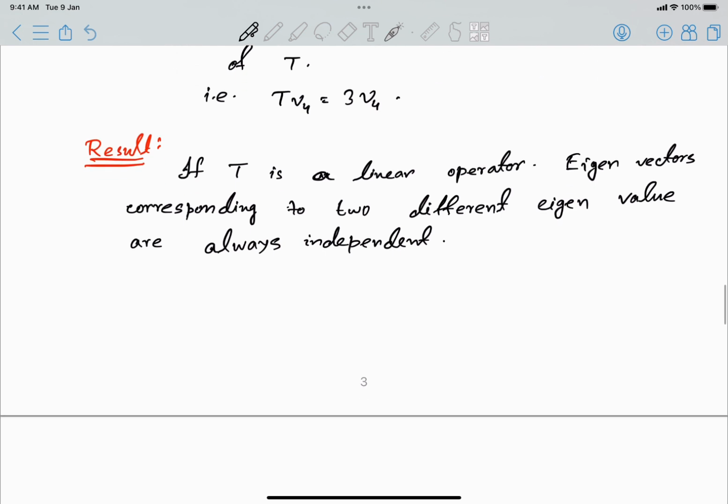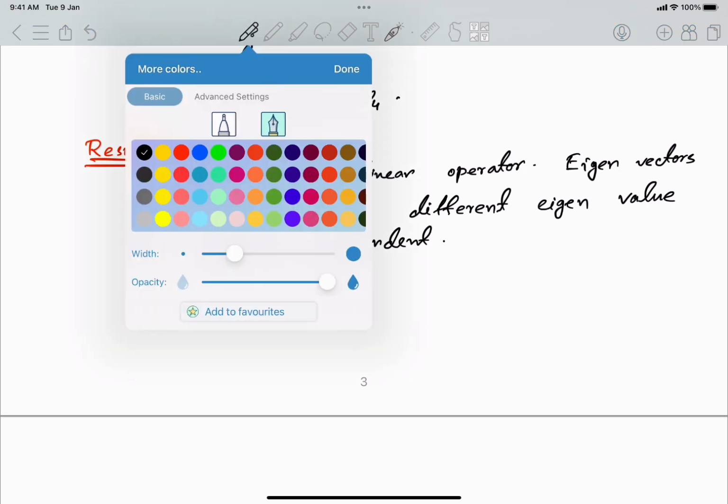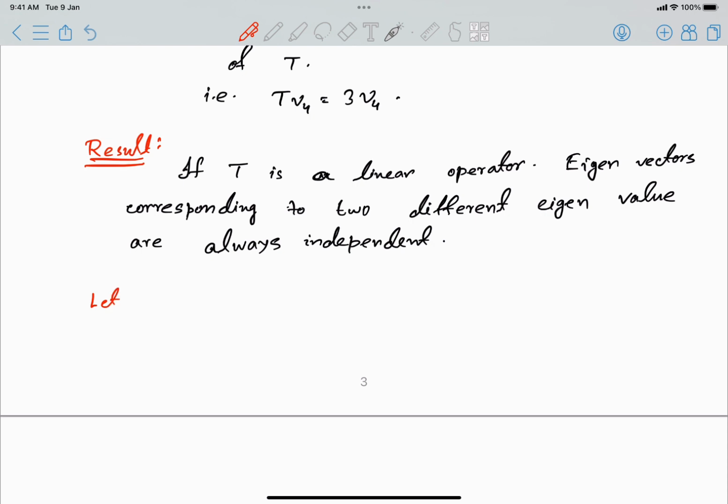So what this result is saying, suppose w1 is an eigenvector, T w1 equals lambda 1 w1, and T w2 equals lambda 2 w2, and if lambda 1 not equals lambda 2, then this result is saying that w1 and w2 are linearly independent.